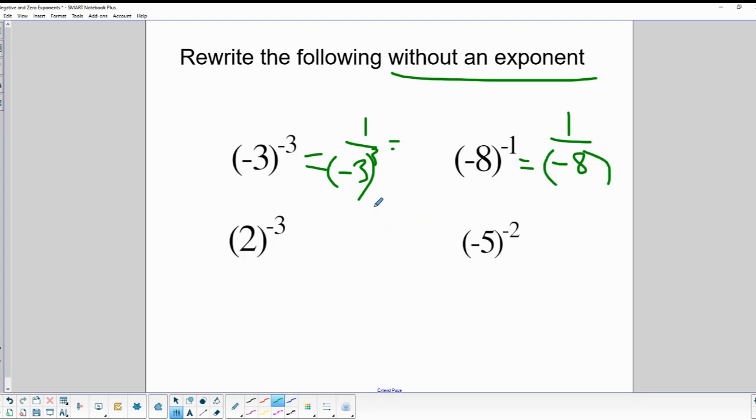This one becomes 1 over 2 to the 3rd power, and 2 to the 3rd power equals 8, so this is just 1 over 8.